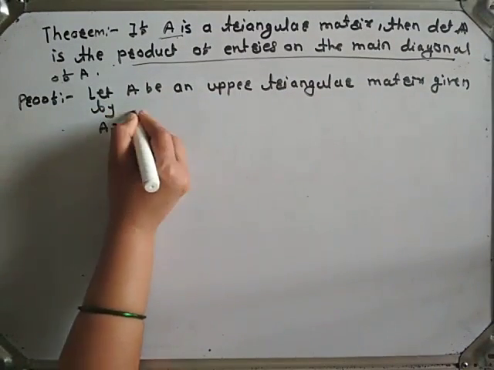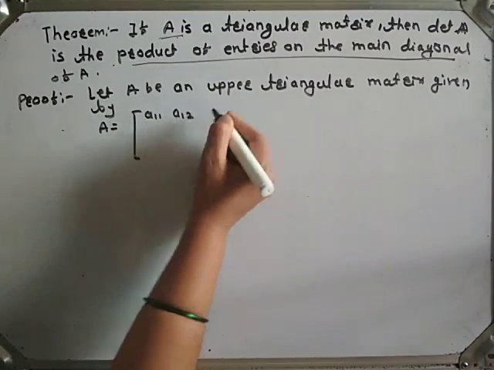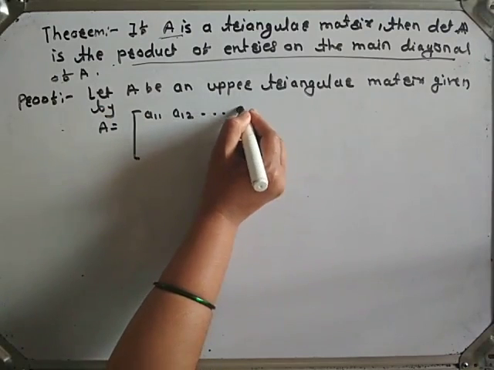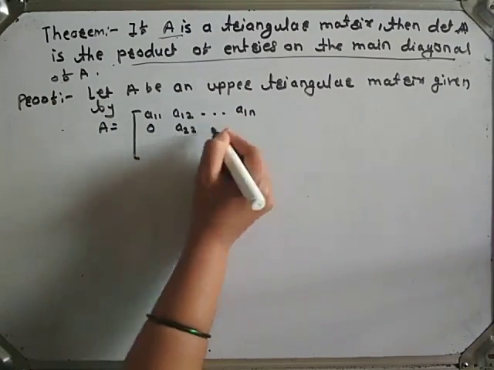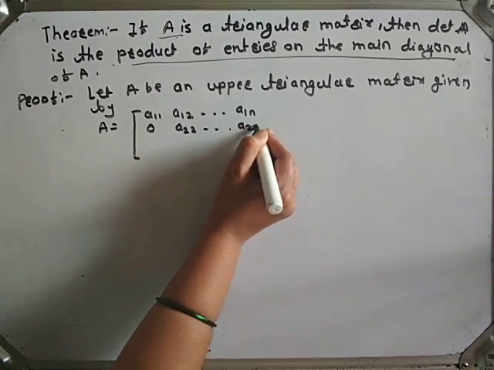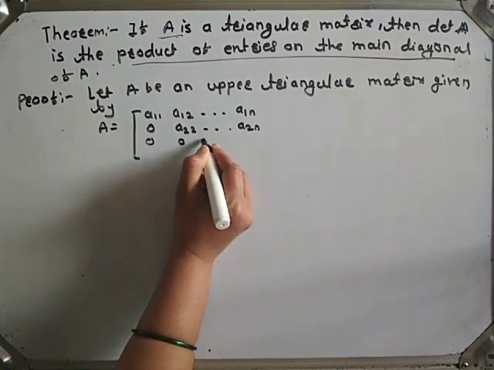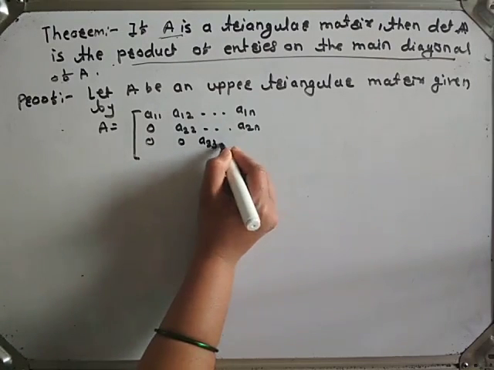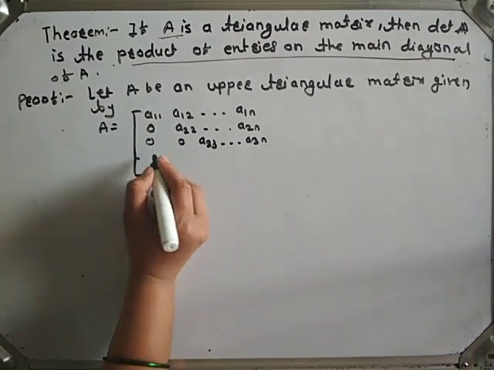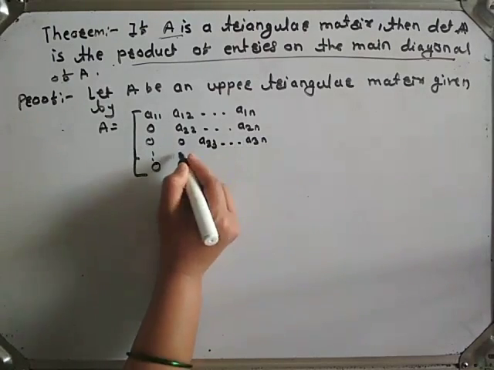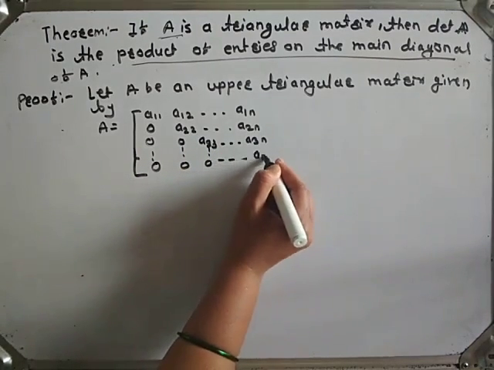A is equal to matrix A11, A12 and so on up to A1n, 0, A22 and so on up to A2n, 0, 0, A33 and so on up to A3n, and so on up to 0, 0 and so on up to Ann.